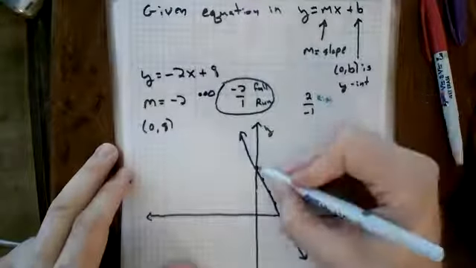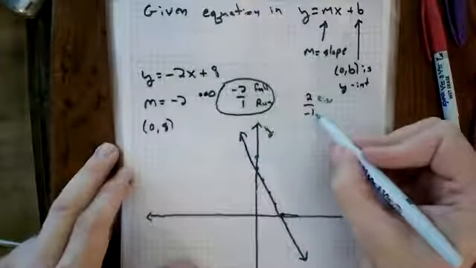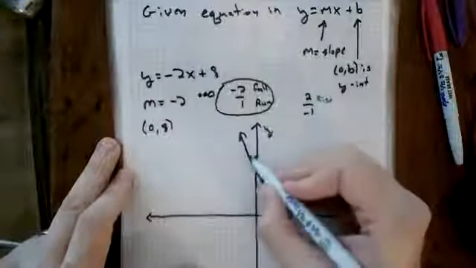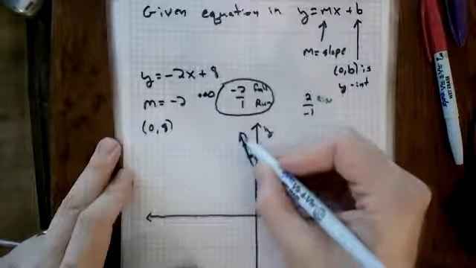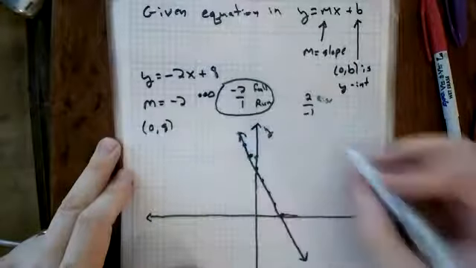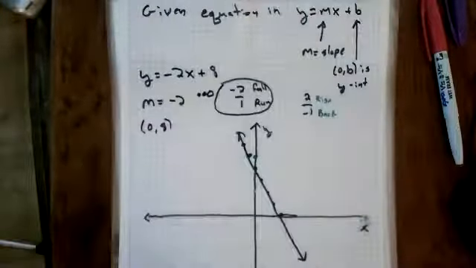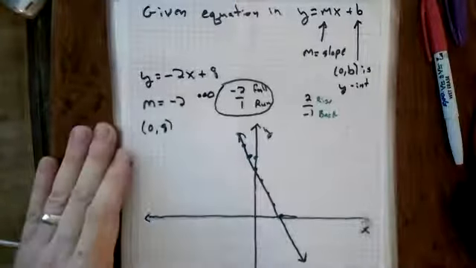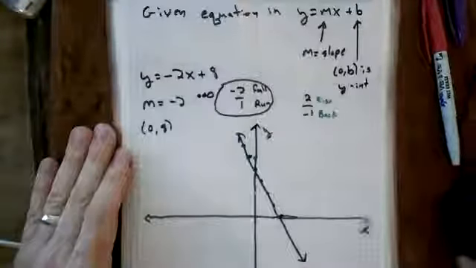So from here, I would go up 2, and then go 1 in the negative direction. It would be back here. So I could go up 2 and then back 1, up 2 and then back 1. And that's how we graph with a point and a slope. Okay.